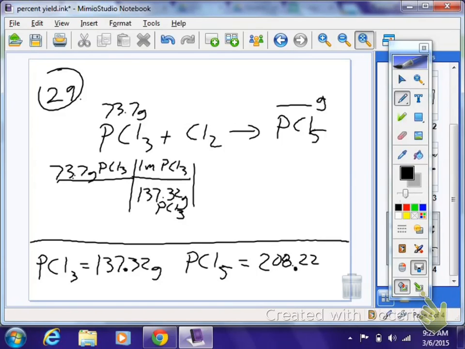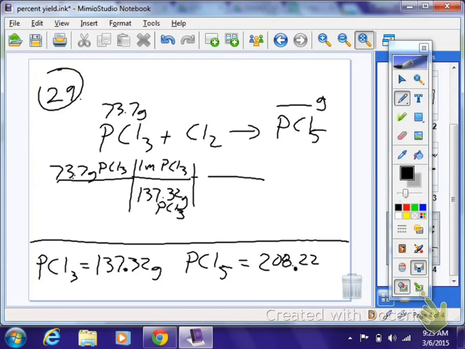Now we've got it in moles. Next step, do a mole to mole. So 1 mole of PCl3 to 1 mole of PCl5, because that's our ratio that's up in our balanced equation. So we're going 1 to 1. So right now we're here if we would have moles written down below. So then all we have to do is change that mole into grams to get our answer in grams.